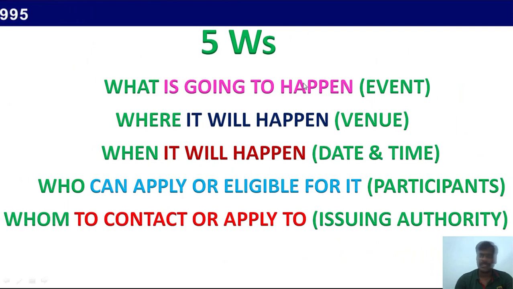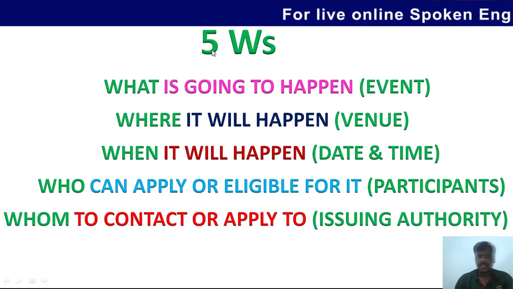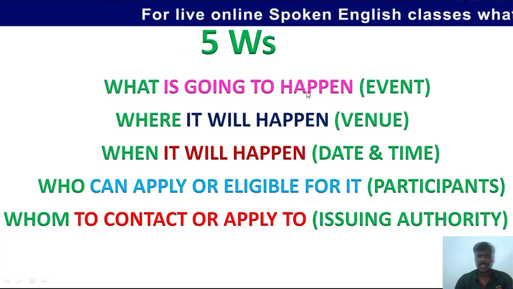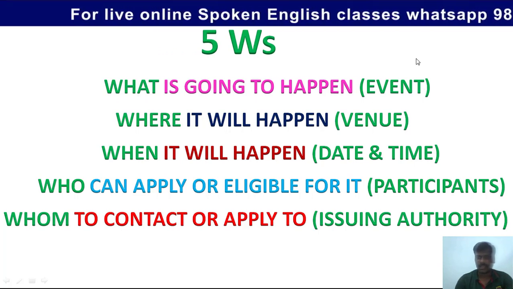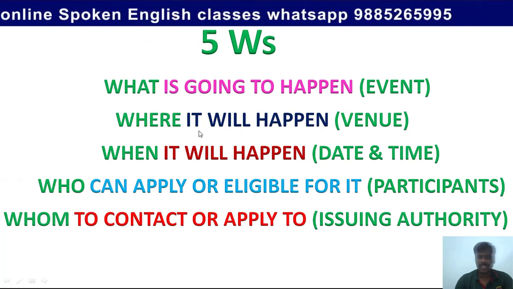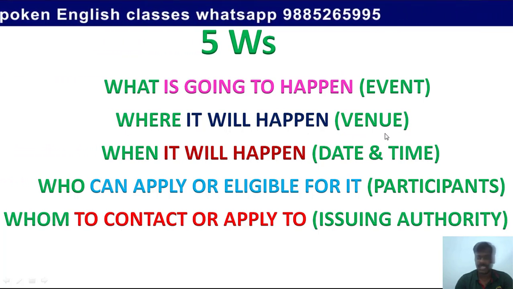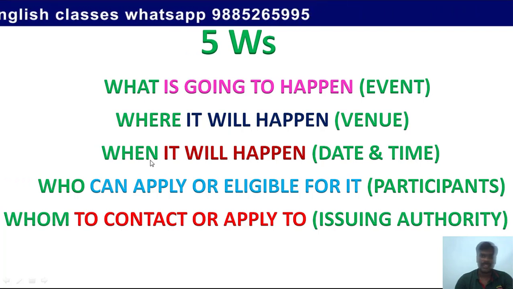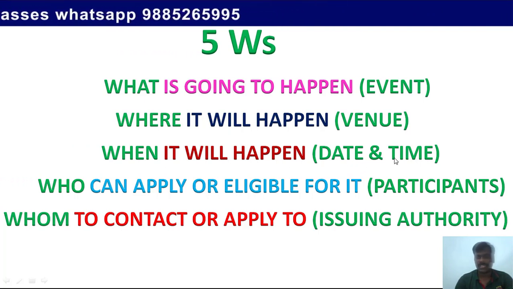And here in the content you must mention these 5 W's. So what are those 5 W's? Firstly, what is going to happen, that is event, context, occasion. And the second one is where it will happen, that is venue, place. When it will happen, that is date and time.